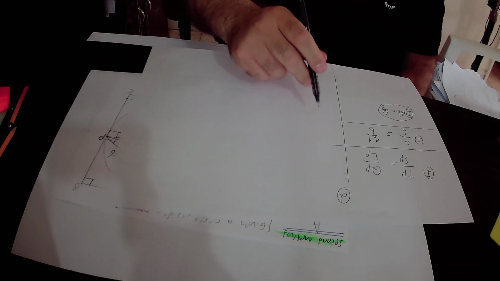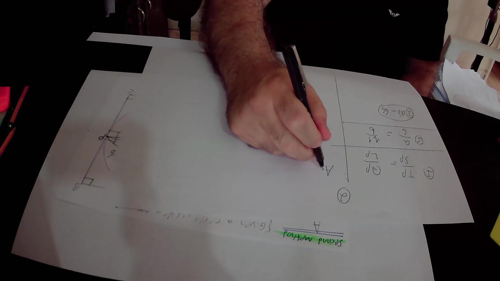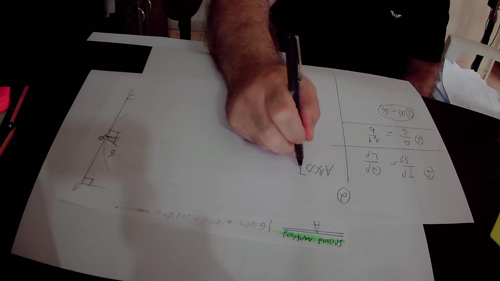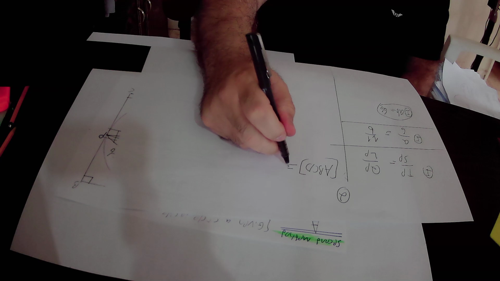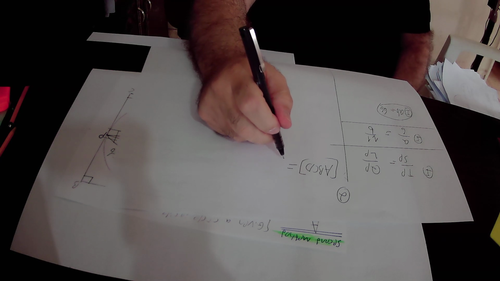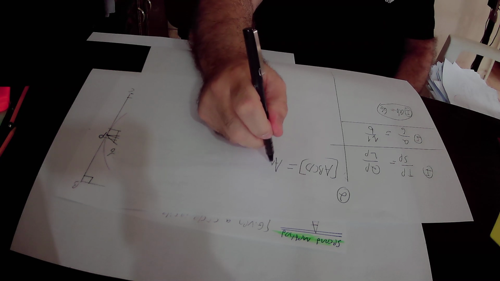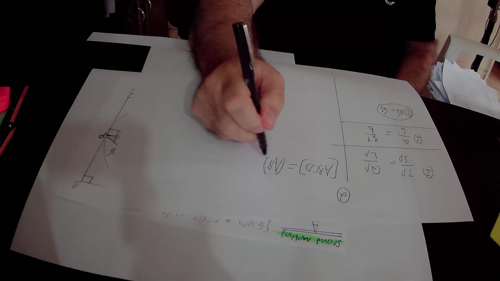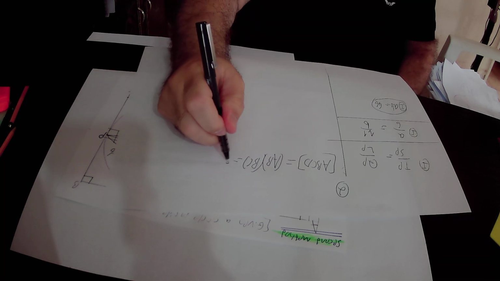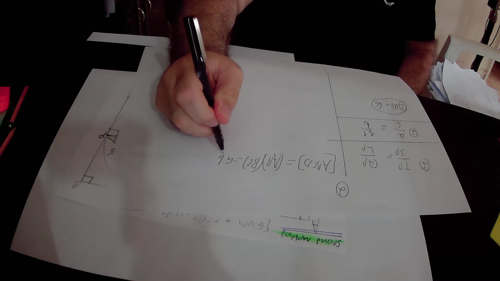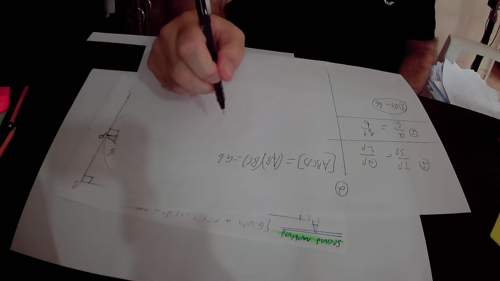So what is the area of rectangle ABCD? The area of rectangle ABCD equals the length times the width. The length is AB times the width is BC. We have already found out that AB equals A and BC equals B according to our definition.